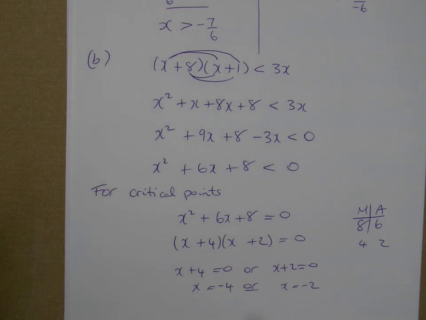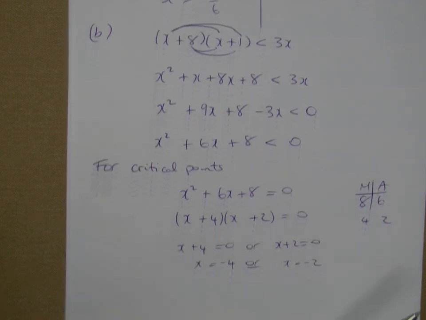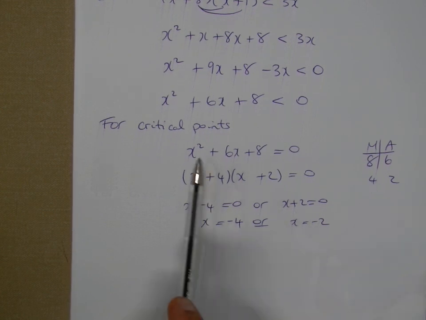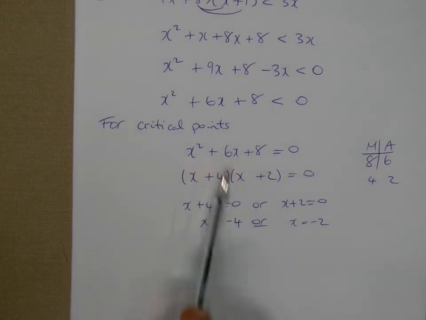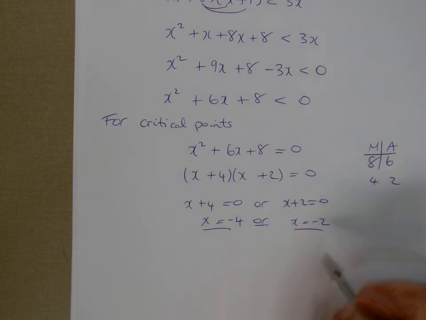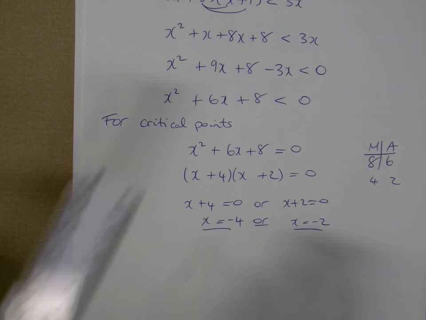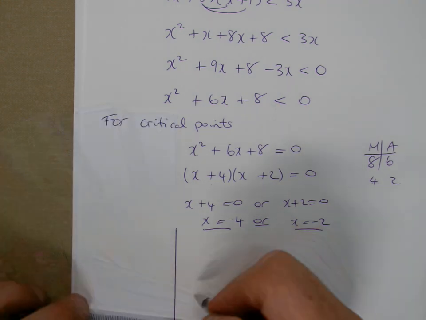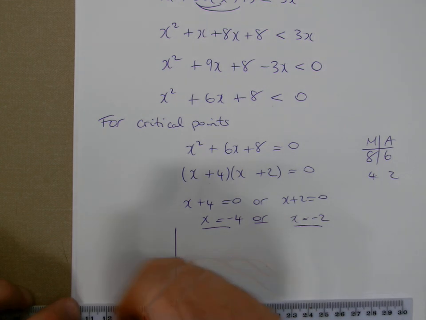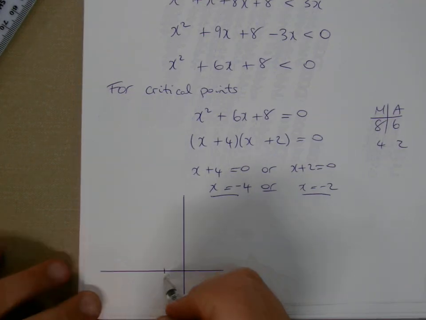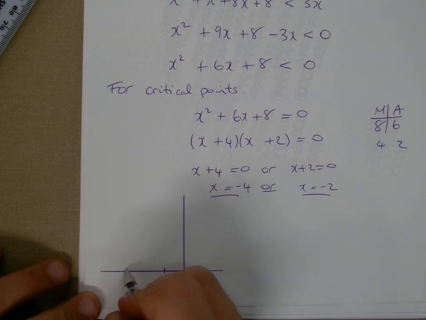Now, what I'm going to do now, I'm going to draw this quadratic, okay? Just a sketch. It's not going to be perfect, it's just a quick sketch. And of course, because it's a quadratic, it's going to be a smiley face. And these points here are what we call the critical points. Those points are where the quadratic is actually equal to 0, okay? So you notice we've got both negative values here, so minus 2 and minus 4.